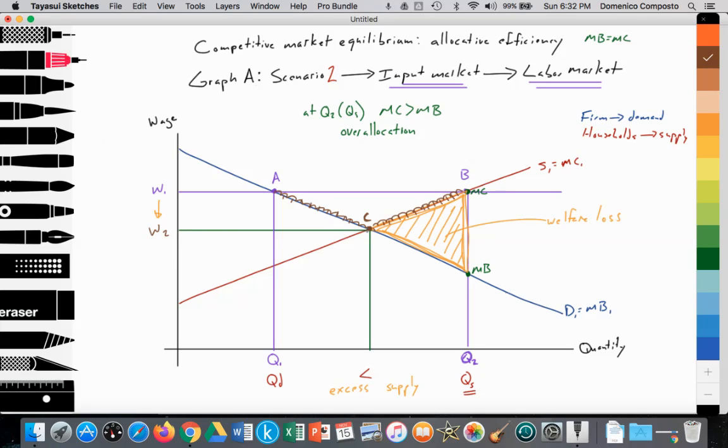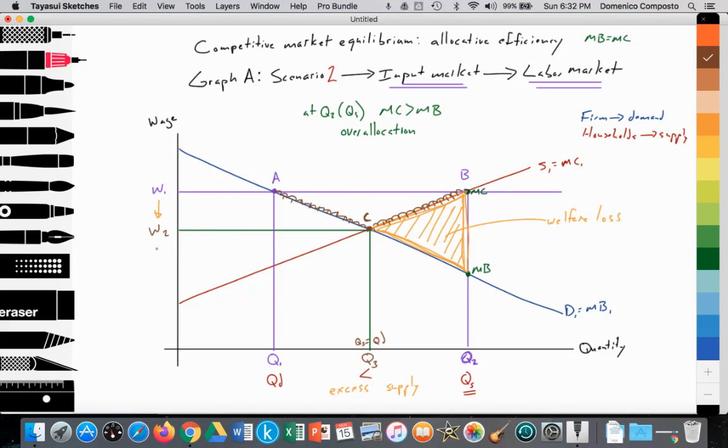It's allocatively efficient. We have an equilibrium quantity at Q3, where quantity supplied equals quantity demanded, and an equilibrium wage at W2.